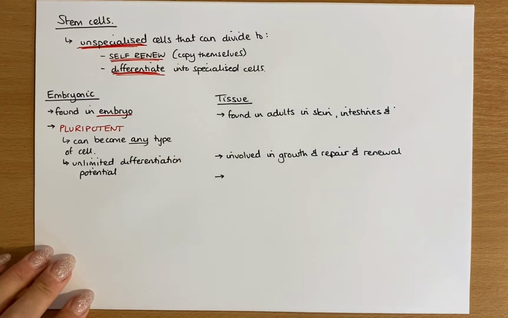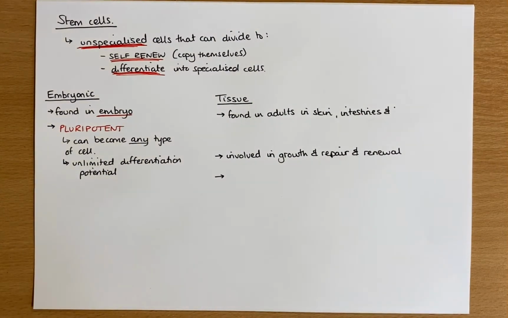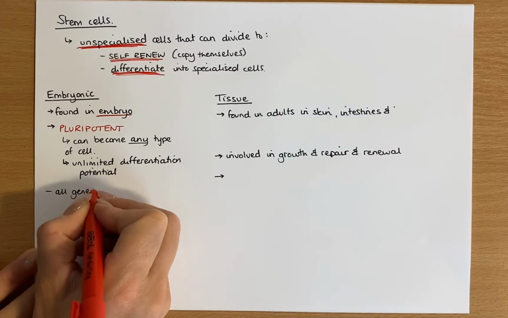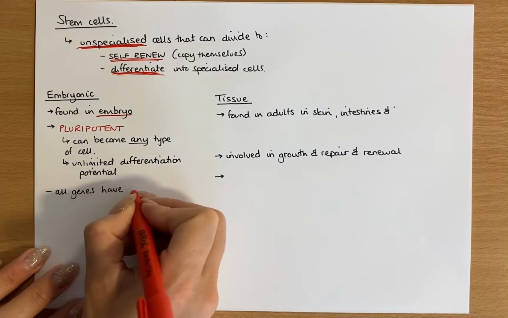So if you used embryonic stem cells for research, for example, they could then be allowed to differentiate to become any type of cell that they could then test drugs on, for example, or other things that we'll come on to in a minute. So all the genes in these cells have the potential to be expressed.